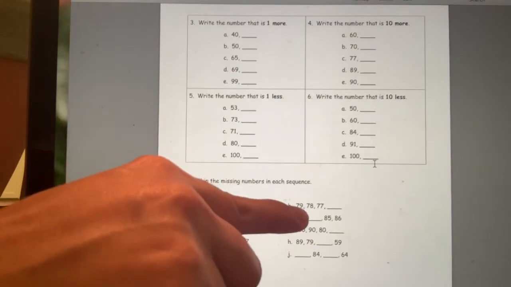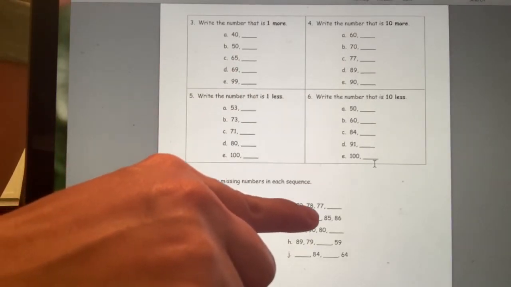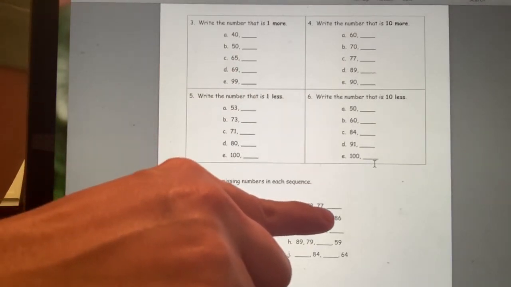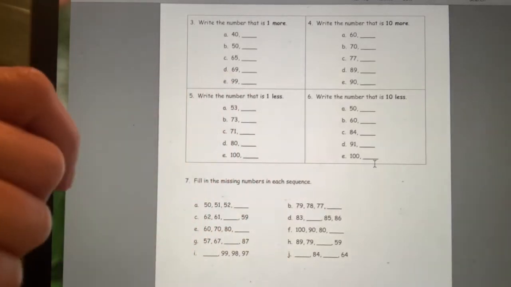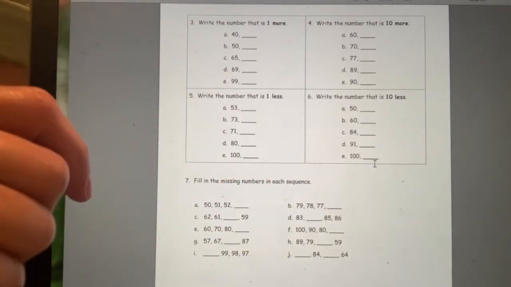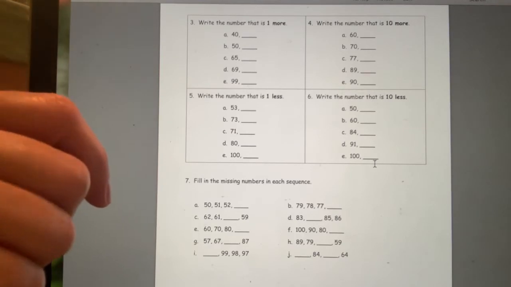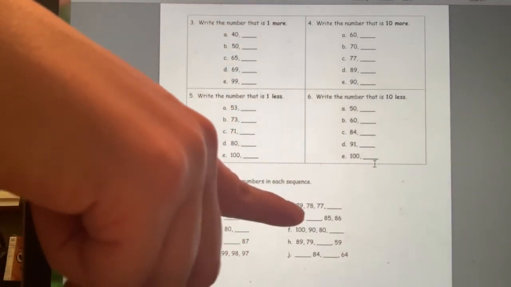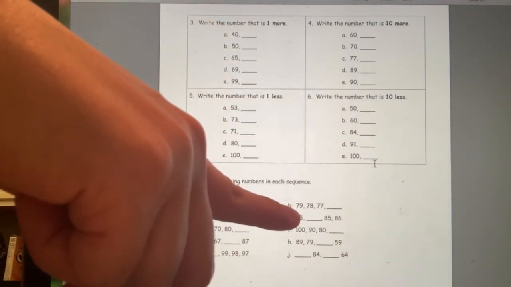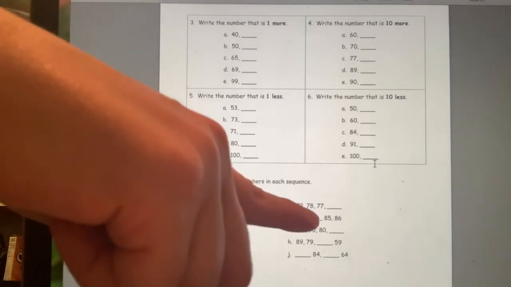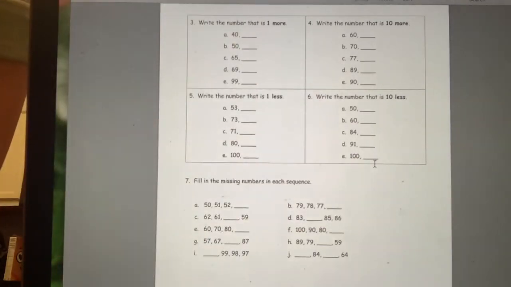Okay. But look at this one. 79, 78, 77. Am I counting up or down? I'm counting down. Very good. Am I changing the ones or the tens? The ones, I'm still in the 70s, so that would be 76.